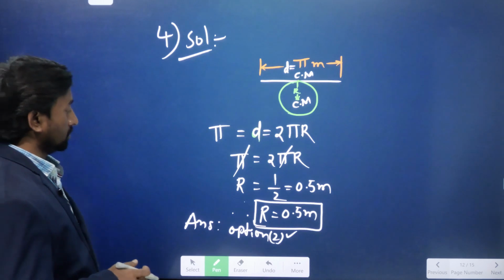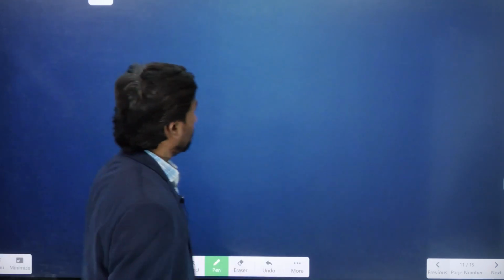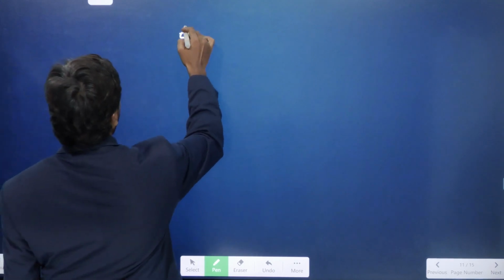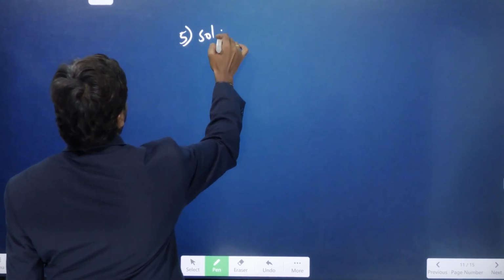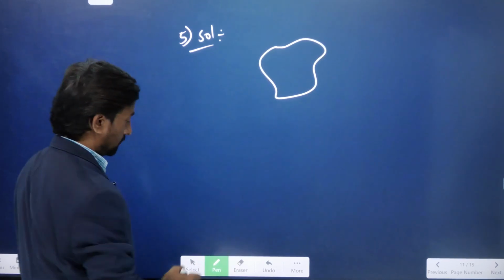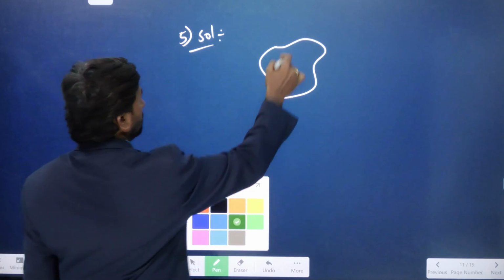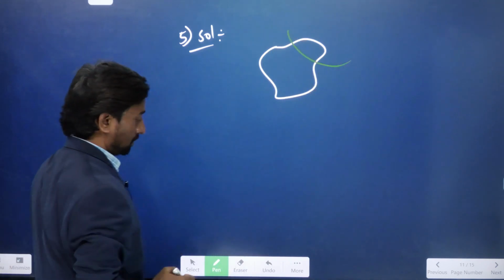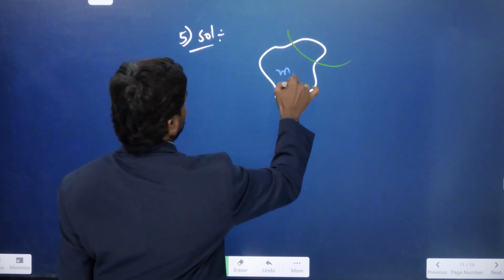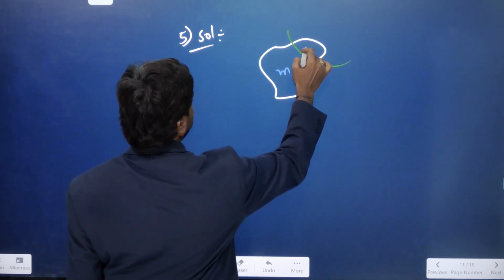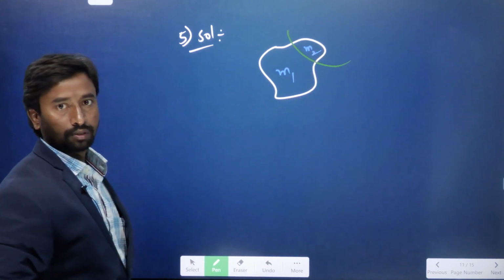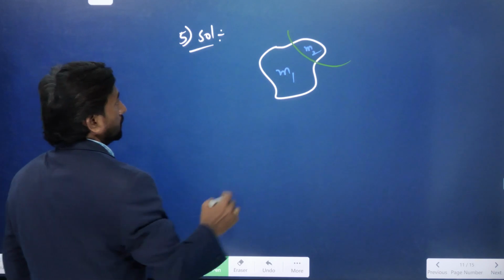So suppose from a mass of a body, a certain part of mass is removed. Consider this is the whole mass of the body. If this mass is removed, then the mass of this is m1, and the removed mass we can write as m2.